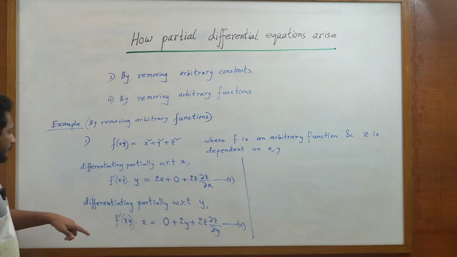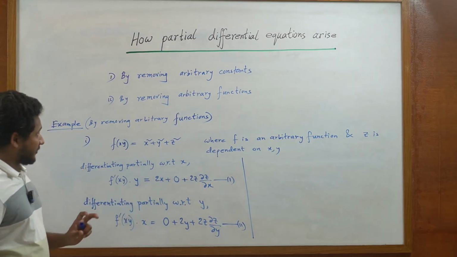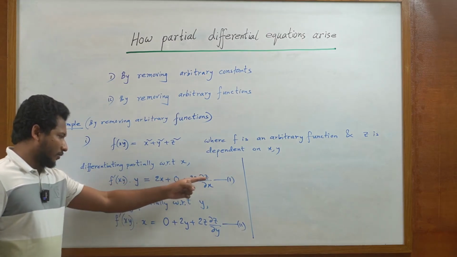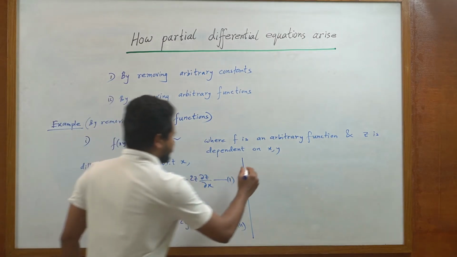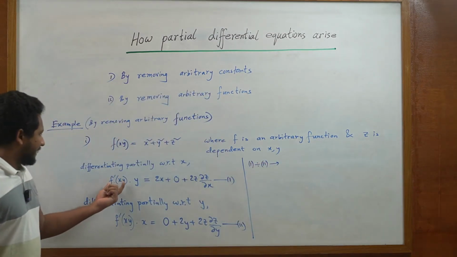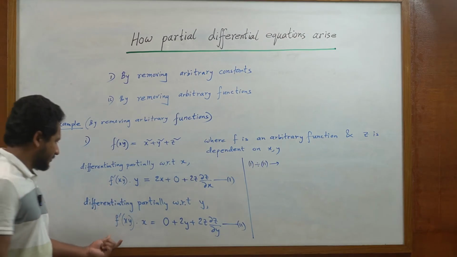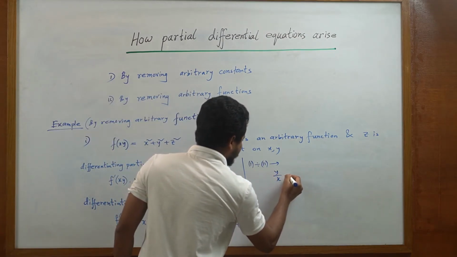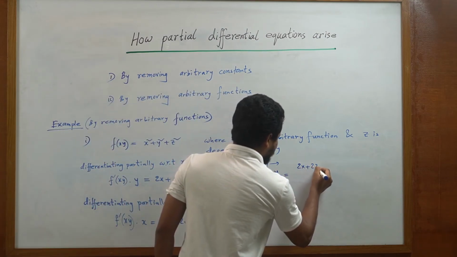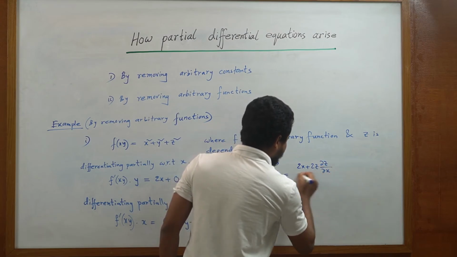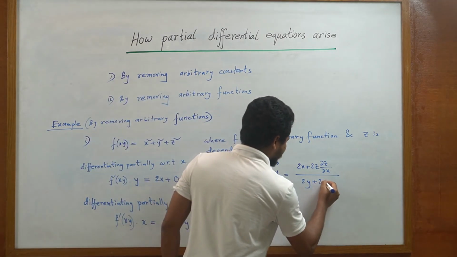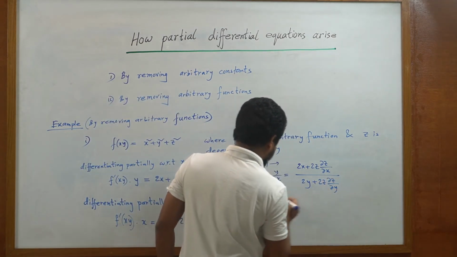Okay, now we will remove the arbitrary function. So for removing, we have to divide 1 by 2. Dividing 1 by 2, we will get f dash xy removed, y by x equals twice x plus twice z del z del x by twice y plus twice z del z del y.